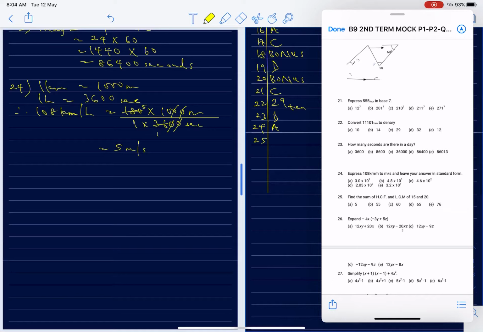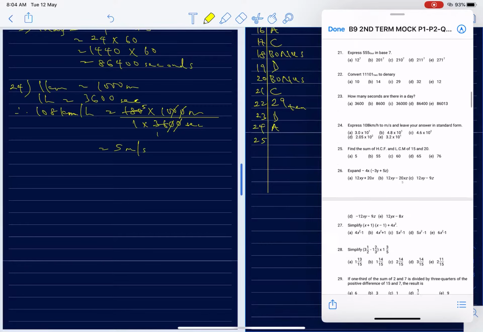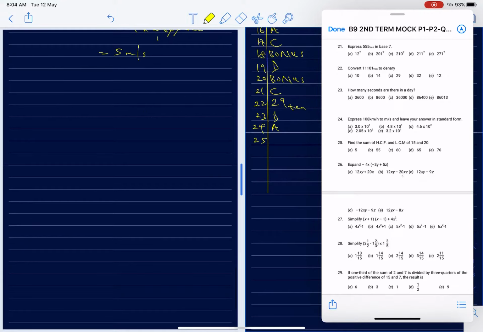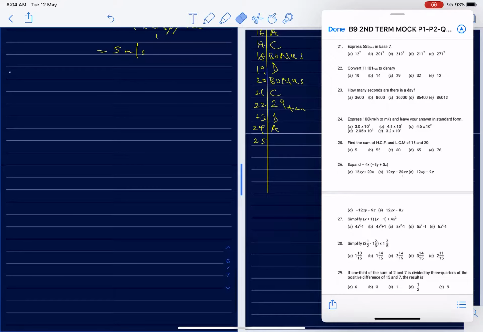25. Find the HCF and LCM of 15 and 20. Of course, you still remember that. Let's find the HCF first.